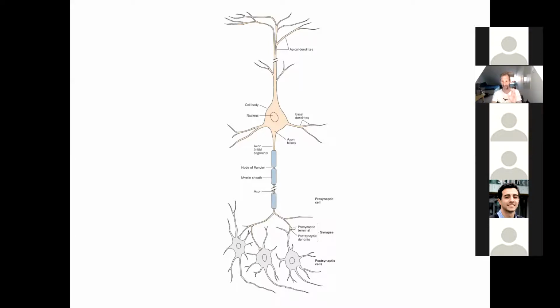We think about it as a single element, floating in space, receiving information from its dendrites above, integrating this information in the nucleus, and sending this information down the axon with a very fast signal through the myelinated axon to the postsynaptic dendrites of the postsynaptic neurons. So this is the canonical view of how a neuron is connected to other neurons.